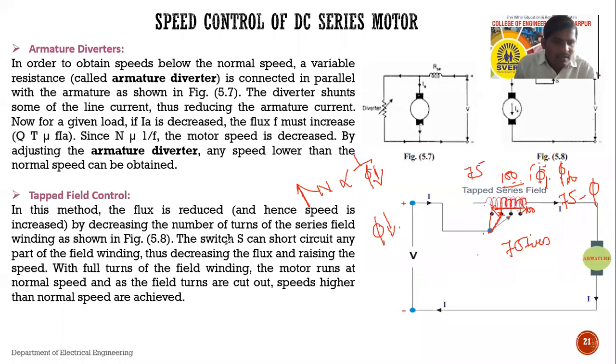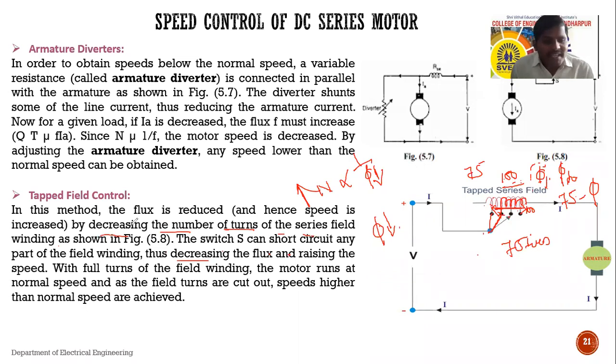So see, in this method the flux is reduced and hence speed is increased by decreasing the number of turns. By decreasing the number of turns, we increase the speed of the series field winding. The switch can short circuit any part of the field winding, thus decreasing the flux and raising the speed.